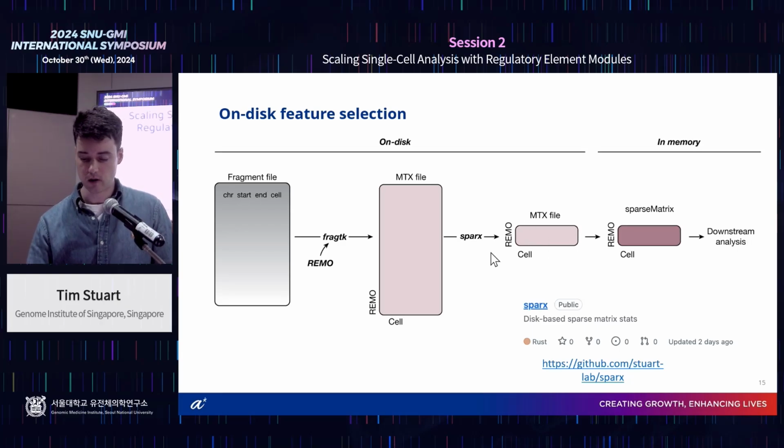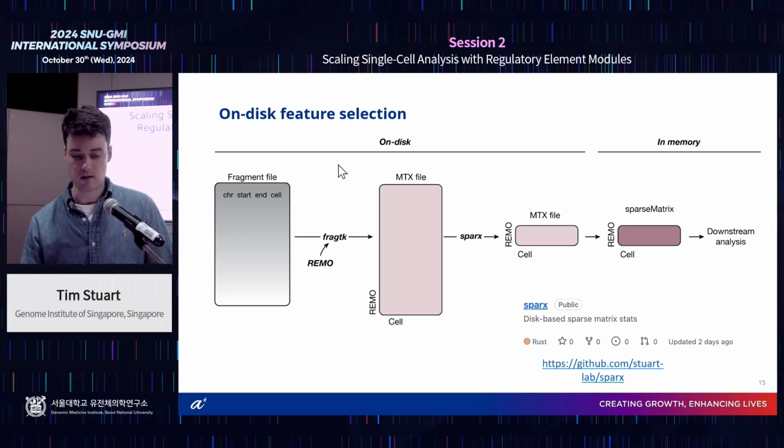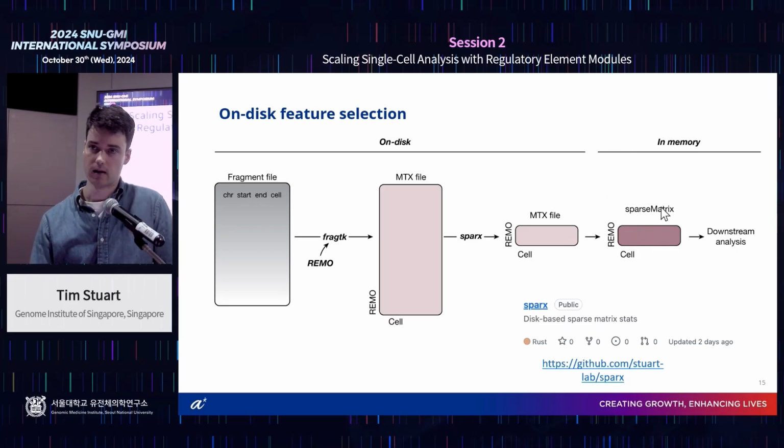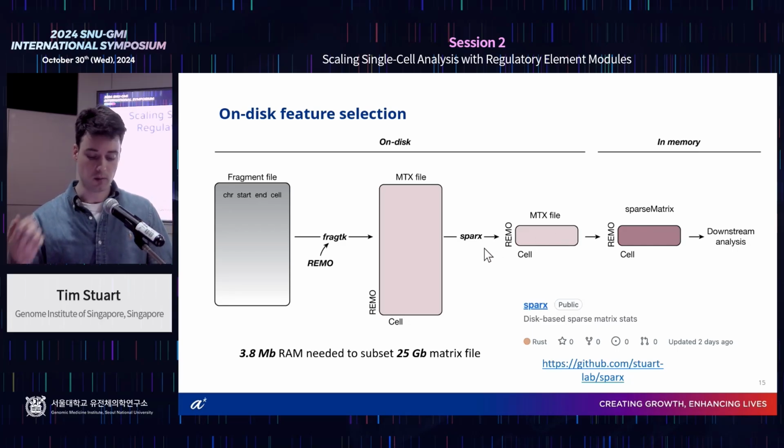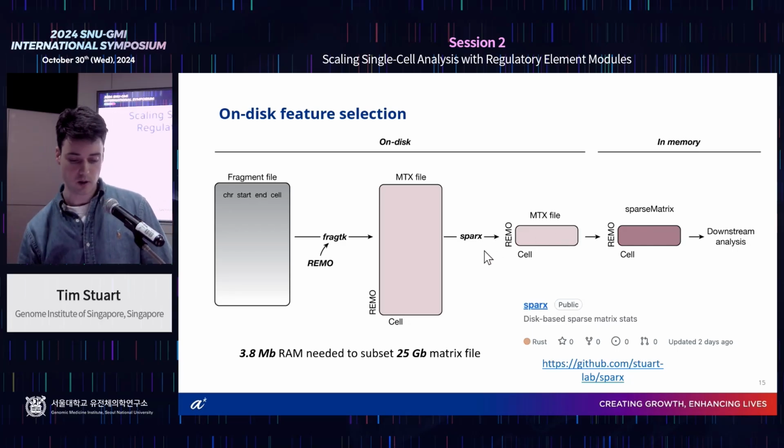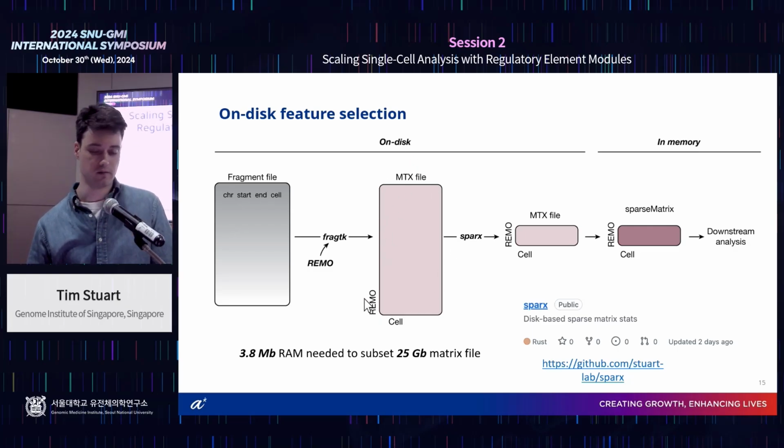And then using that smaller matrix, we can load that into memory and do downstream analysis. So we envision these steps running on disk, and then you load a very small subset of your data into memory and do downstream analysis. And just to give a ballpark figure, for a 25 gigabyte matrix file, this uses about 4 megabytes of RAM to subset that matrix.